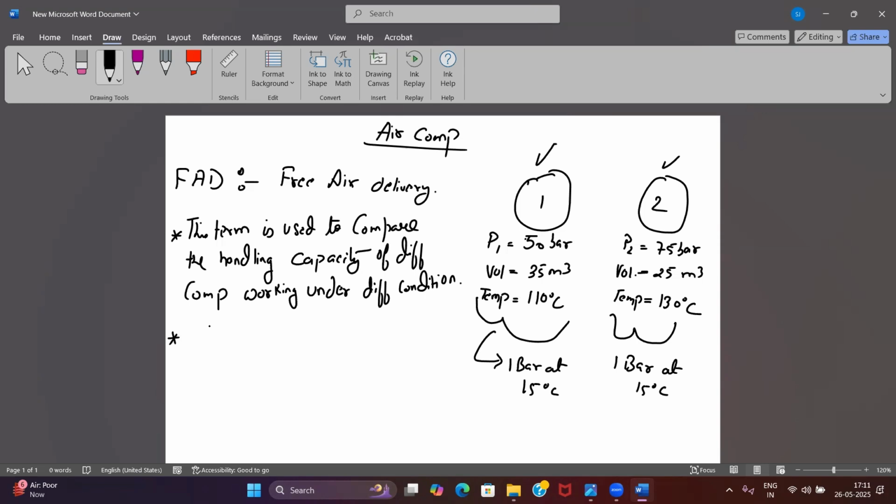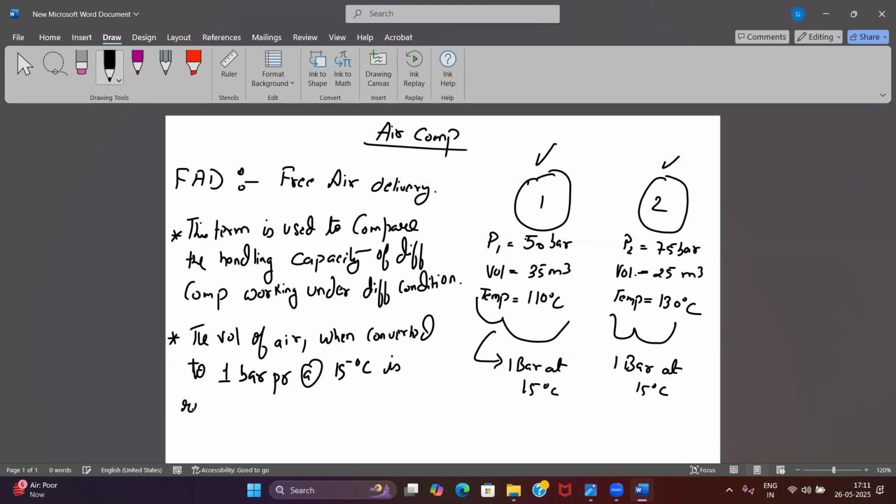So the volume of air when compressed, when converted to 1 bar pressure at 15 degrees Celsius, is referred to as free air delivery.